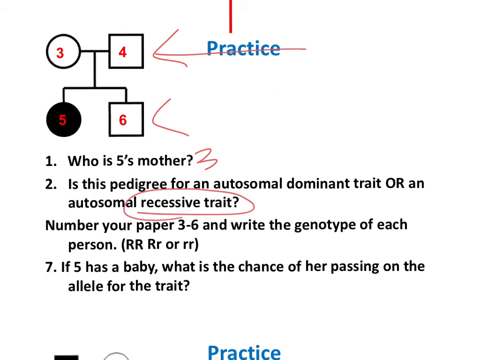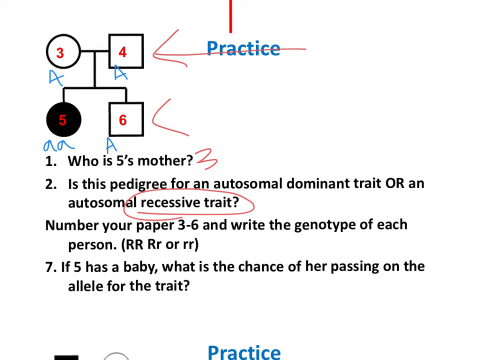I'm now asked to figure out the genotype of each person. Well, I know that this is a recessive pedigree, so therefore my shaded individual must be little a, little a. Everybody who is not shaded must have at least one capital letter. If they had both lowercase, they would be shaded.